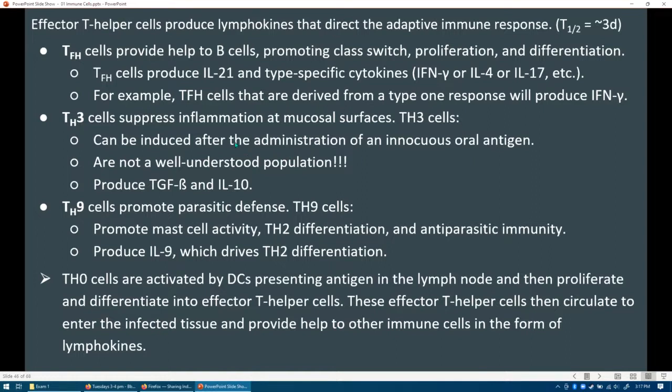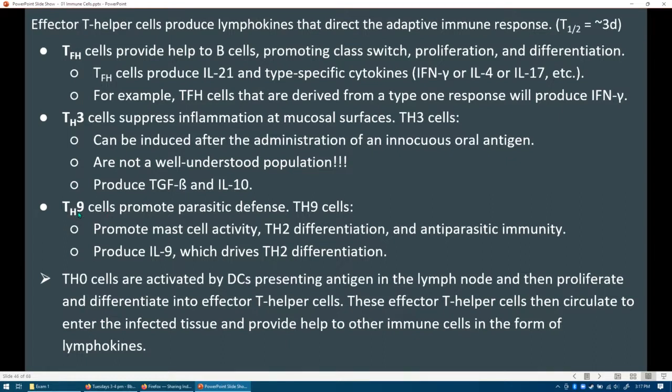That's part of their peptide response repertoire. So they can be induced after the administration of an innocuous oral antigen. They are not a well understood population. Research into these cells never really took off, but they produce transforming growth factor beta and IL-10. They are distinct from Treg cells, though. I'm not exactly sure how, but they have different surface antigens.